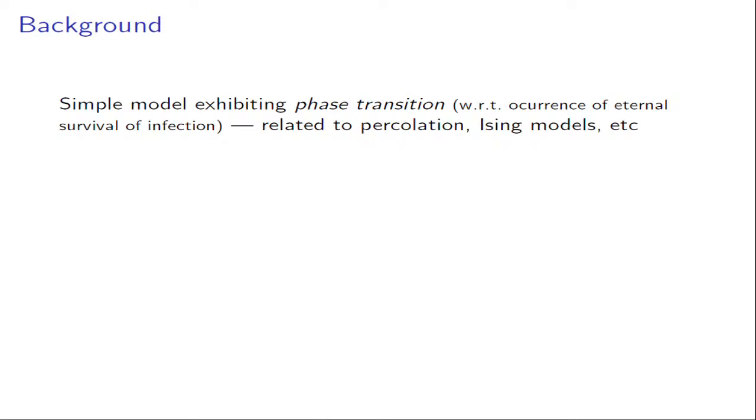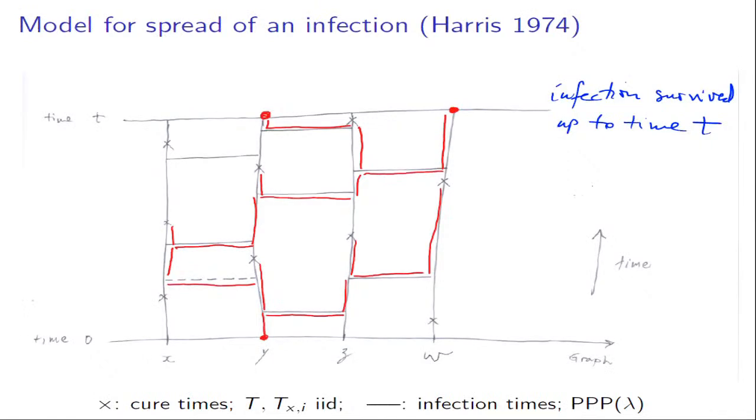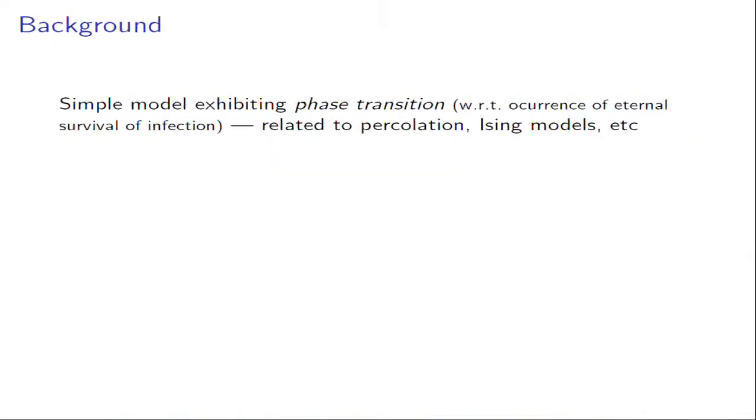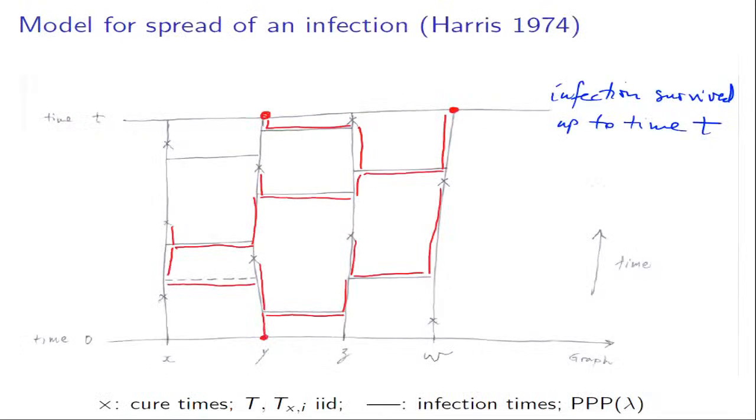Actually, it is related to oriented percolation. In this picture, of course, the graph is Z, so think of this as going on at every site in Z. This model would then be related to oriented percolation in 2 dimensions, because the orientation comes from the time orientation.